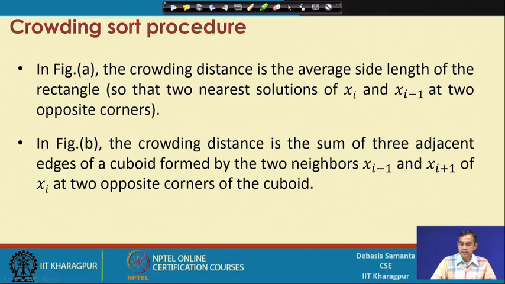The idea is that for all the solutions belonging to the last non dominated front, we have to calculate the crowding distance for all. This is the step that is required here.